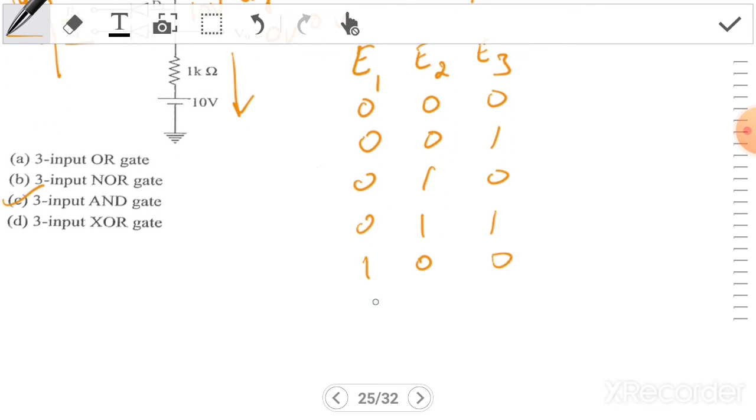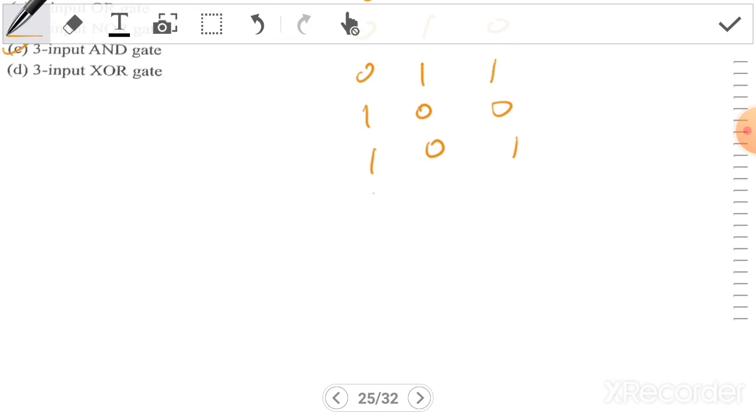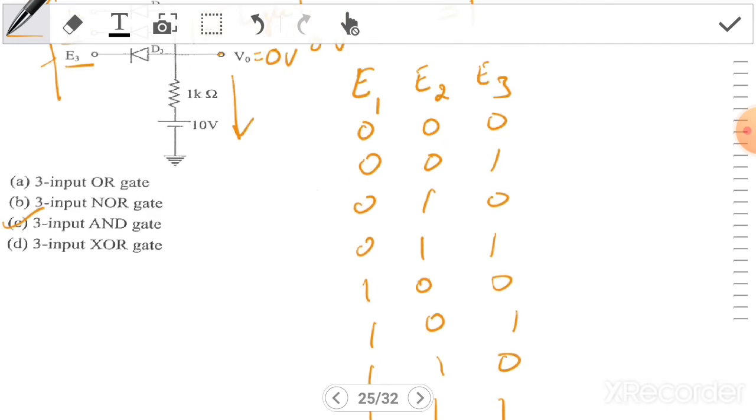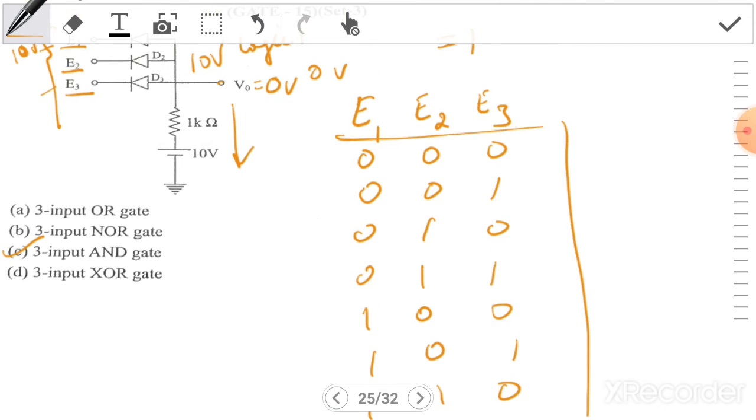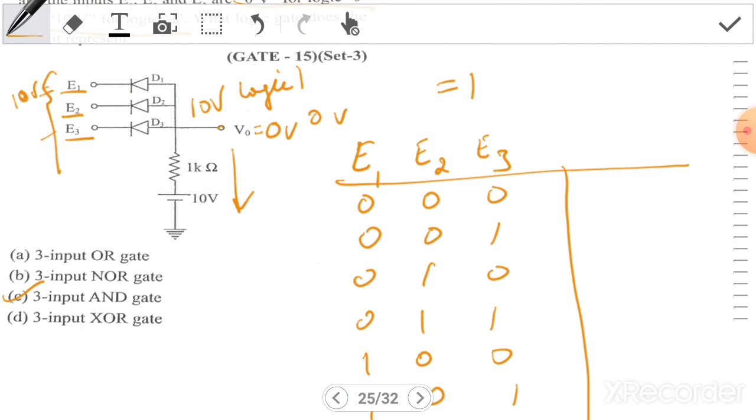Zero zero, 1 0 1 1 1 0 1 1 1. So output is 1 only when all inputs are 1, otherwise it is logic 0.